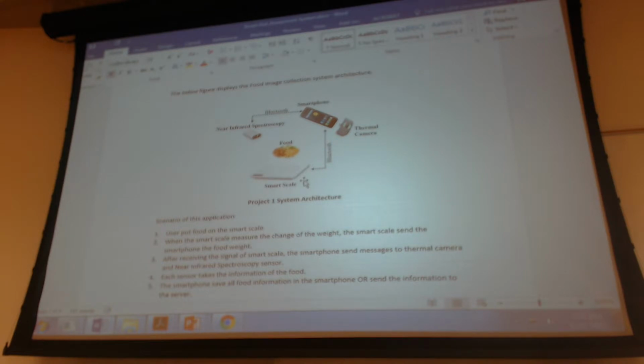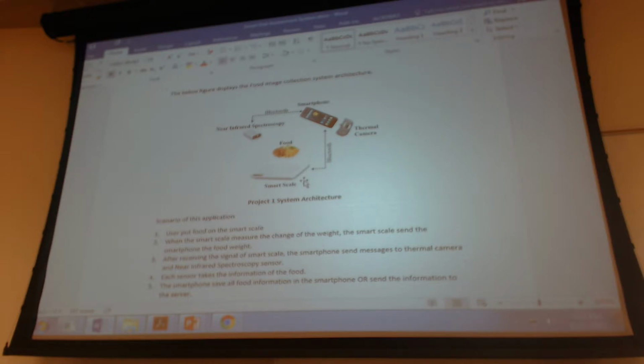So there has to be a mechanism where this works for 2 to 3 days without charging. So the smart scale has to go to sleep. So there has to be some mechanism where whenever a person puts the plate on the smart scale, it wakes up and starts sending data.